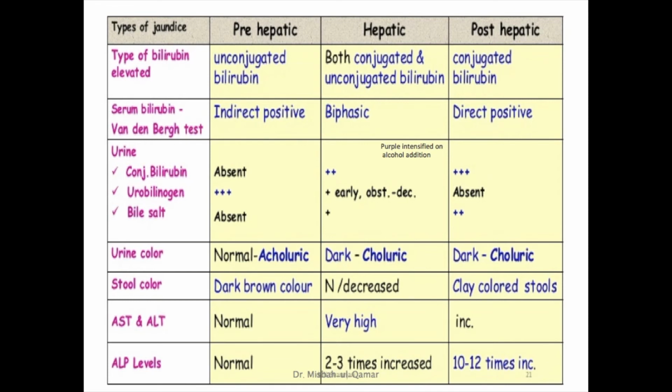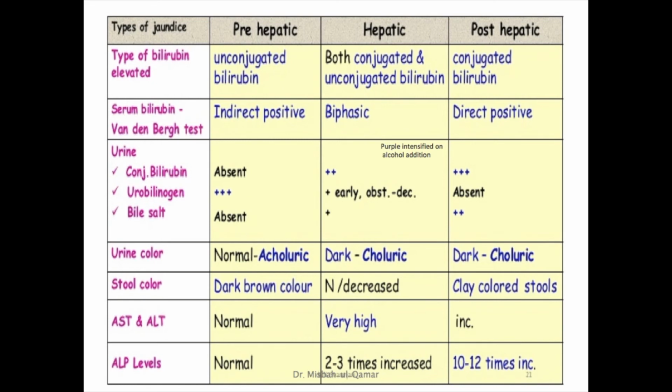Now, the hepatocellular jaundice results from the inability of the liver to transport bilirubin into bile as a consequence of parenchymal liver disease, such as the congenital diseases like Gilbert syndrome, Crigler-Najjar or Dubin-Johnson syndrome, or another syndrome which is called Rotor syndrome.